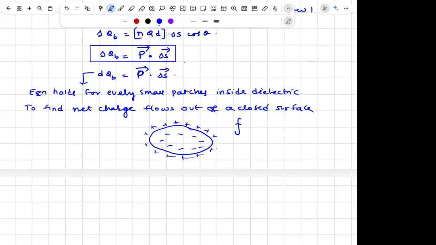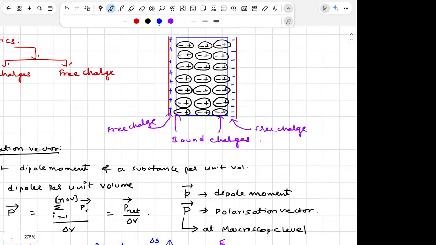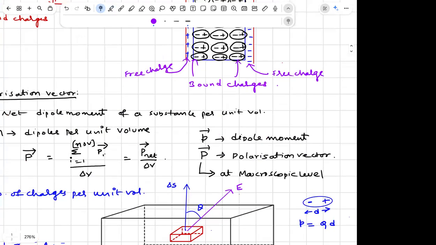So integral P bar dot ds bar is the bound charge. You apply it for a small portion here; you can even apply it for the full one.